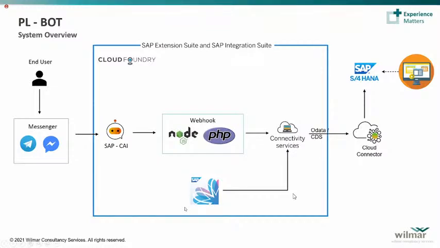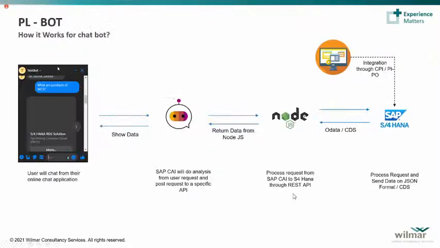This is an example, where I already tried it with Facebook Messenger. I can type something here and it will send the request to SAP CAI, and SAP Conversational AI will analyze the user request.